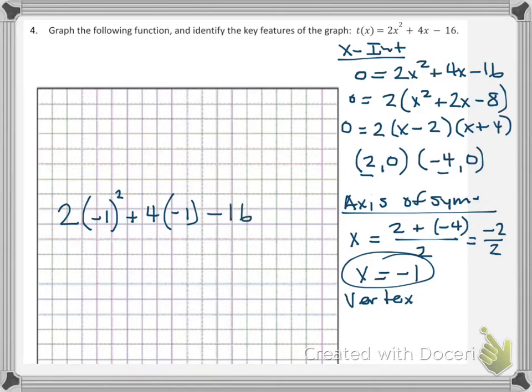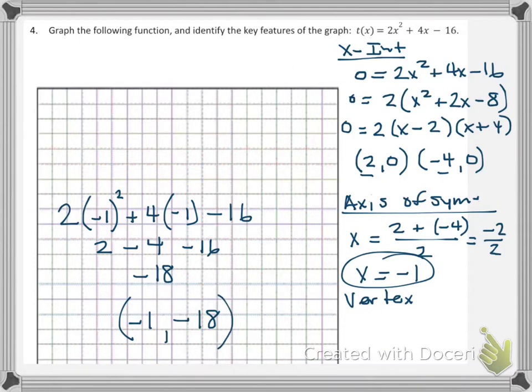Well, negative 1 squared is 1, and 1 times 2 is 2. And then 4 times a negative 1 is a negative 4, and then we have the negative 16. Positive 2 and a negative 4 is a negative 2, a negative 2 and a negative 16 is a negative 18. So when x is negative 1, the y value is negative 18. That is the vertex. All right, that's all we need.